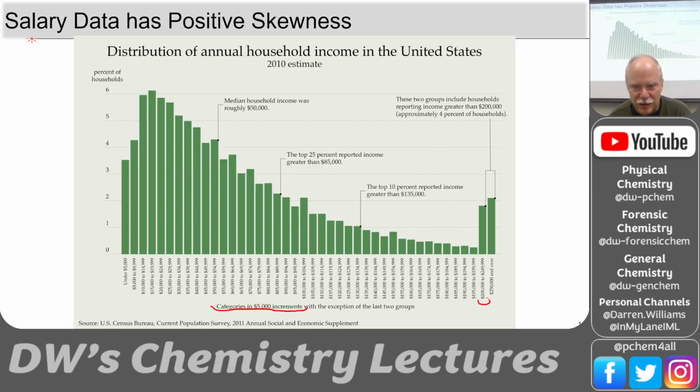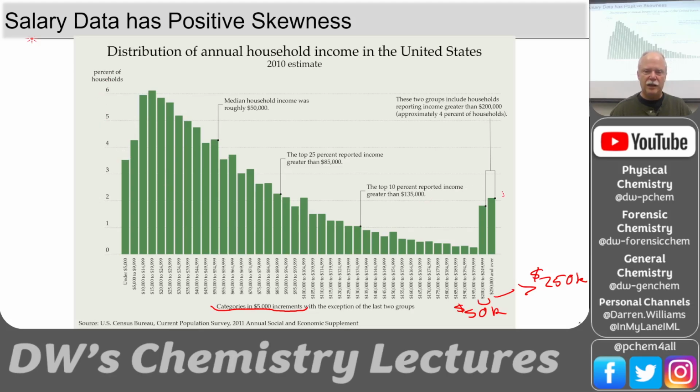Let's see, this is 200 to 249. So these were 5,000 up to here, and then it goes to 50,000. Okay, and then this last one is greater than 250K. So everybody that's greater than 250K goes up. Okay, and this is percent of households right here.